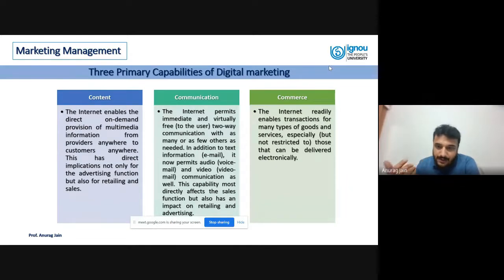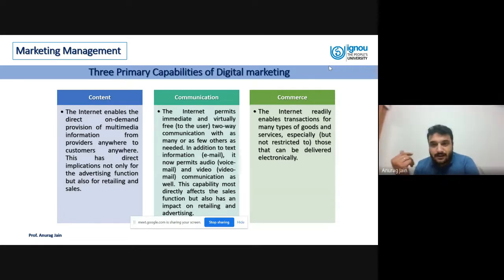Emailing can be done, social media messaging can be done, and even chatbots are something we cannot ignore at all. So the communication is multidimensional nowadays, and that is another important capability of digital marketing.